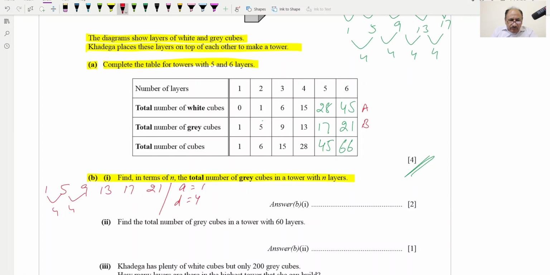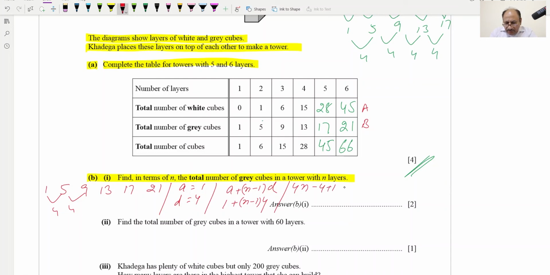And we can write the formula: a plus n minus 1 into d. A is 1, plus n minus 1 into 4. So this will be 4n, so 4n minus 4 plus 1.